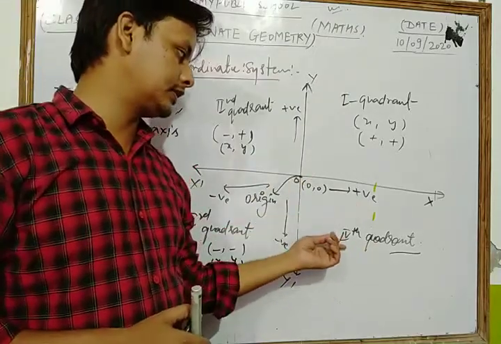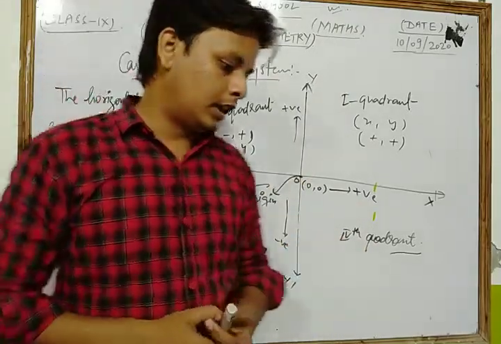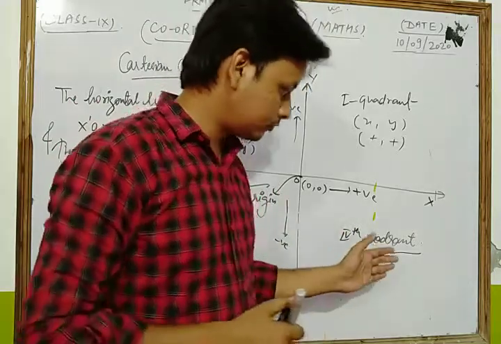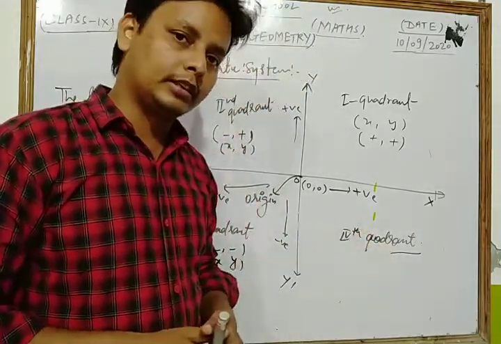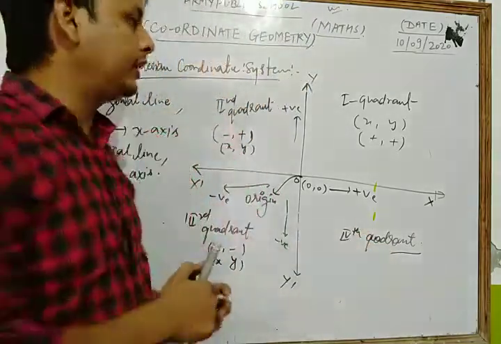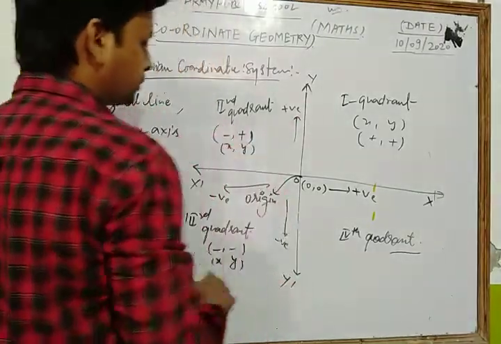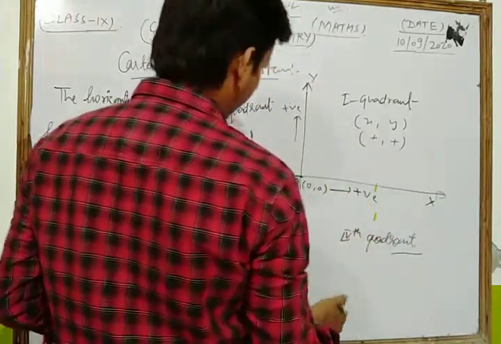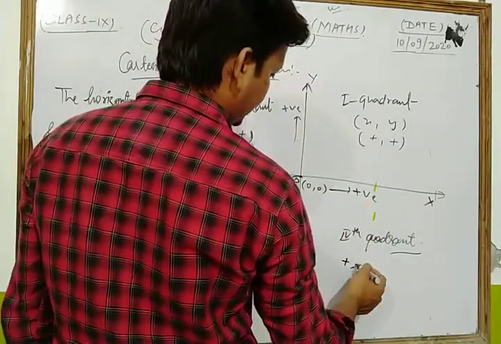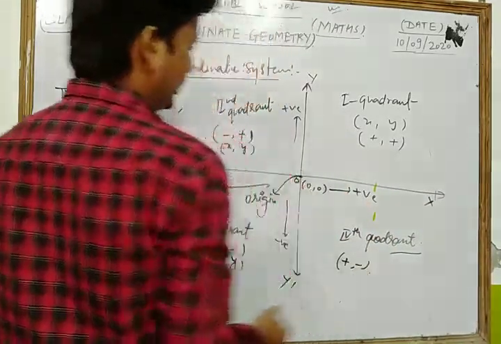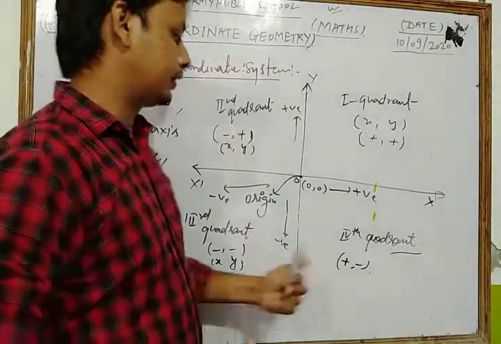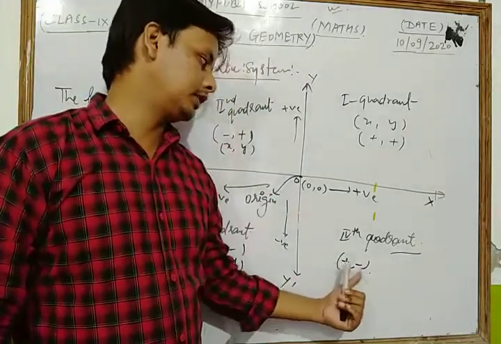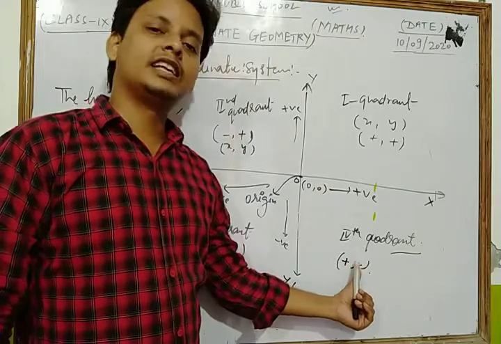In the fourth quadrant, x is positive but y is negative, so the abscissa is positive but the ordinate is negative.